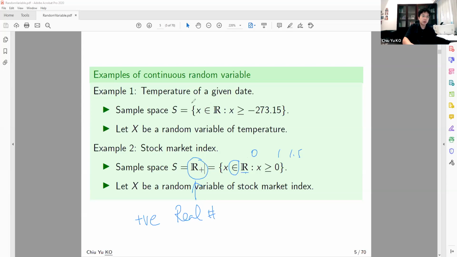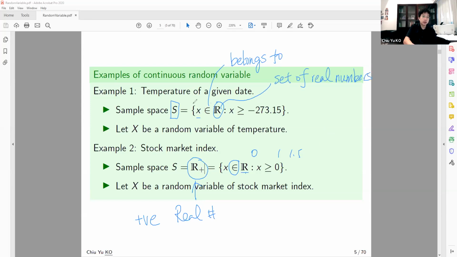We say S is the sample space. What is the sample space? The sample space means every number. This can be called belongs to. R is the set of real numbers.